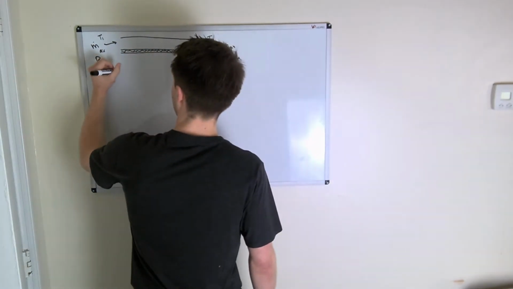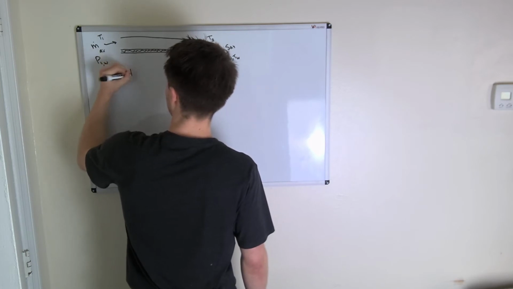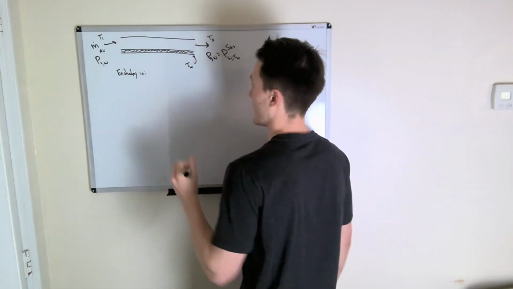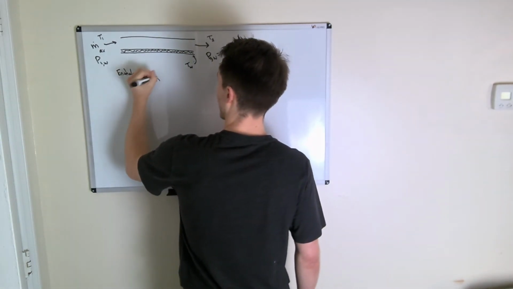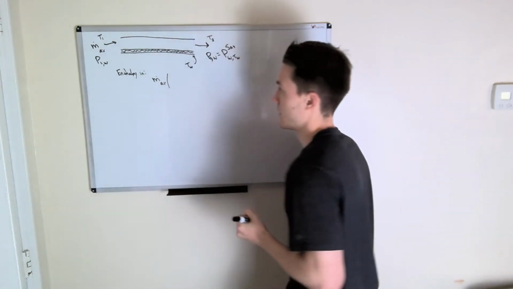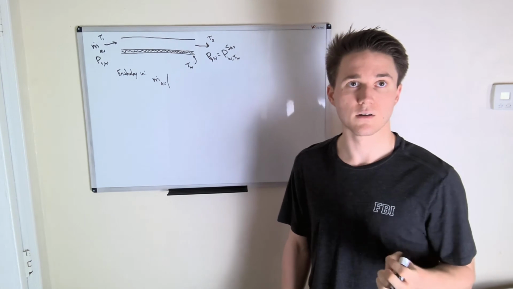So we'll start with the enthalpy inside of our balance. And with that, we start with our mass flow rate of air. And in an enthalpy equation, we need our heat capacity.